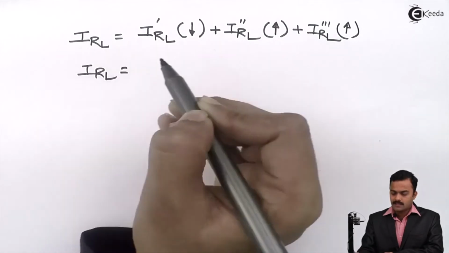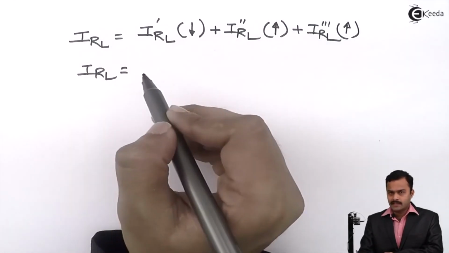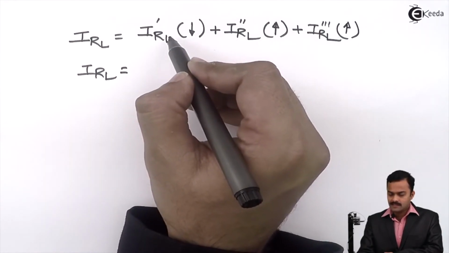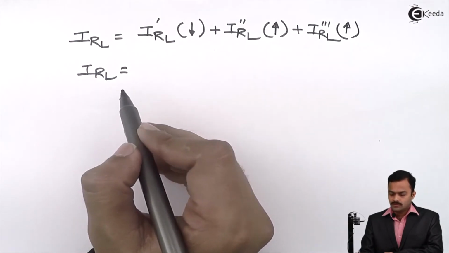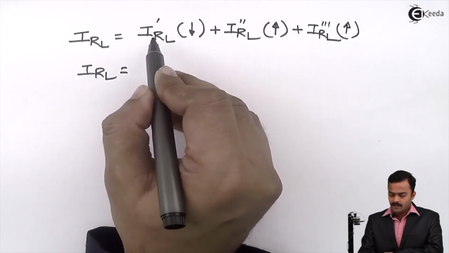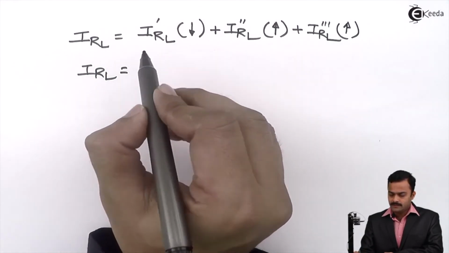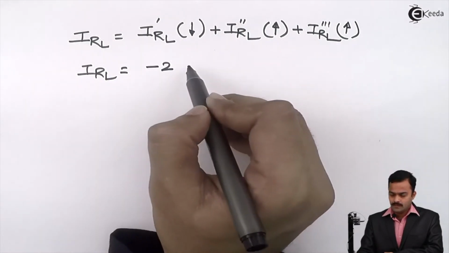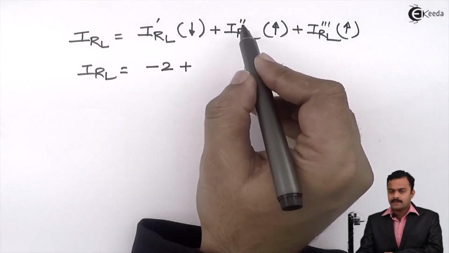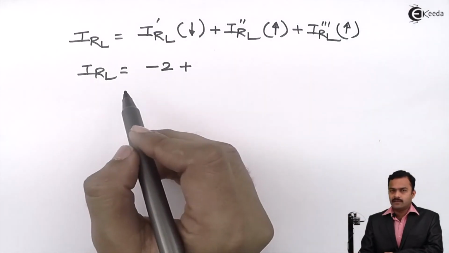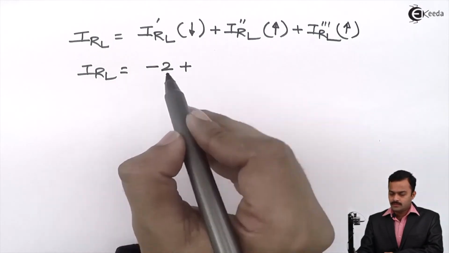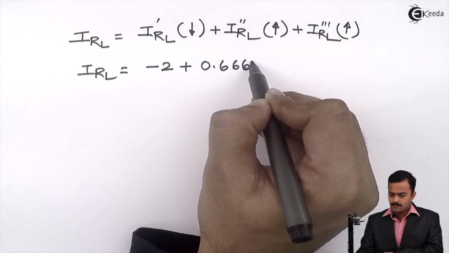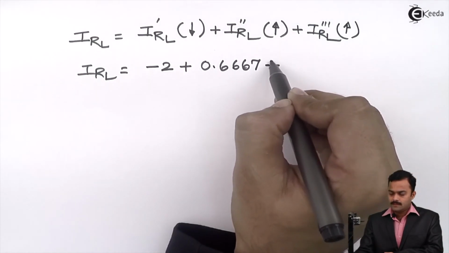So I will consider one of the directions as negative. Let's consider IRL dash as negative current. So I will say IRL dash will be -2, plus IRL double dash, upward direction I will consider as positive, so it is 0.6667 ampere.